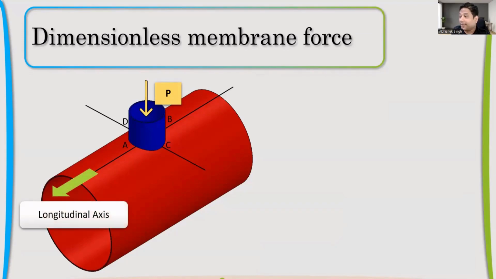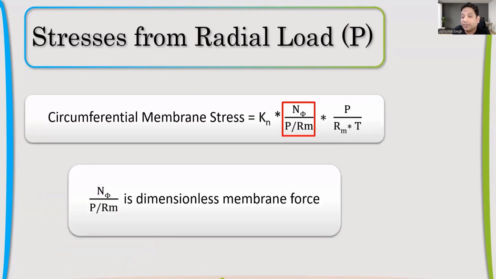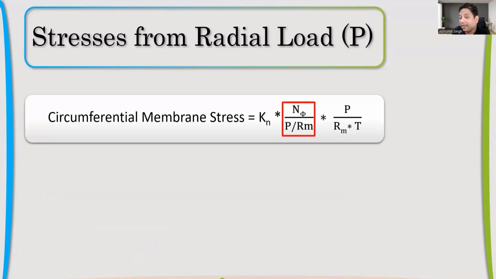Now, as we said, because of this P, there will be stresses in the longitudinal direction also, and in the transverse axis also, right? Because this phi is the circumferential direction, and if we change it to L, it will become longitudinal.